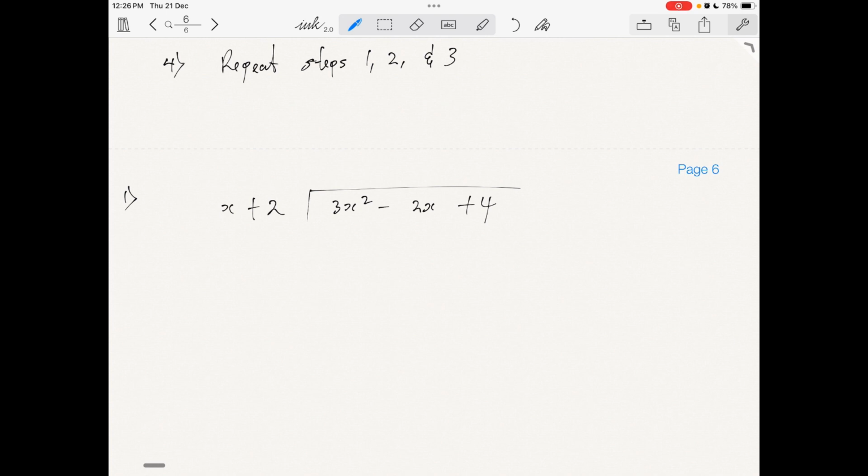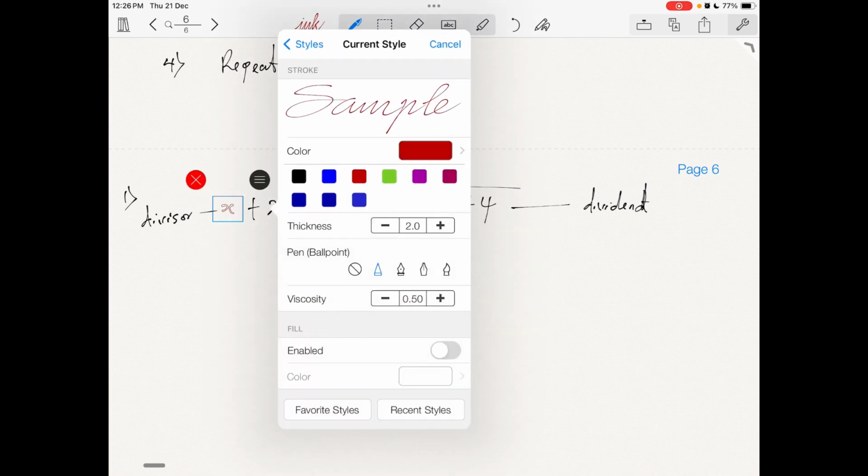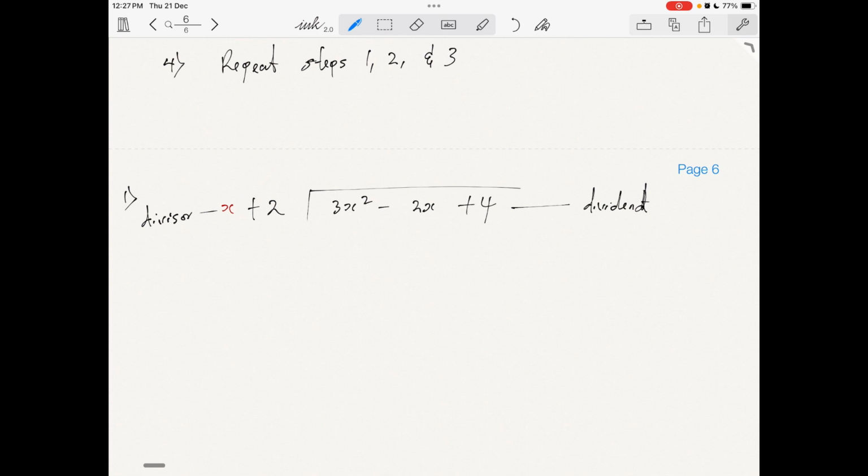Now the first thing to do is to divide the dividend by the first term of the divisor. The first term of the divisor is x. So we are saying 3x squared divided by x, which will give me 3x.